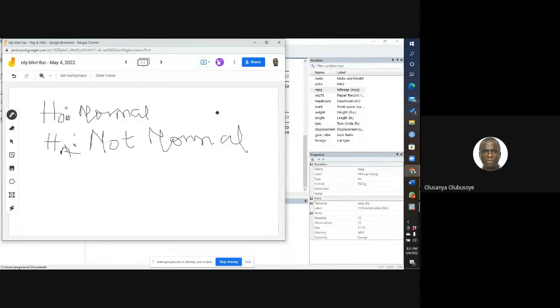So when you are testing for normality, the null hypothesis is normal. Is that okay? The alternative is not normal. Whether you are testing for it in Nigeria, in the US, in London, anywhere, that is it.